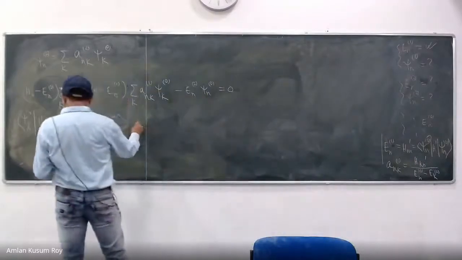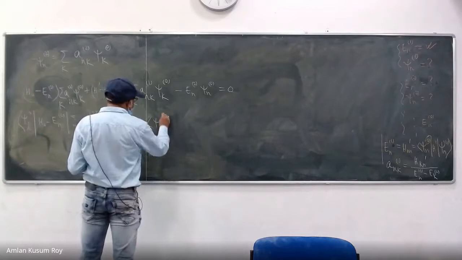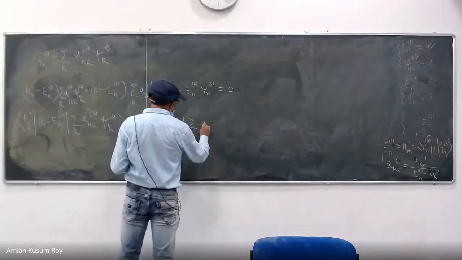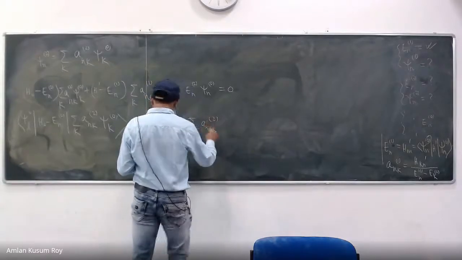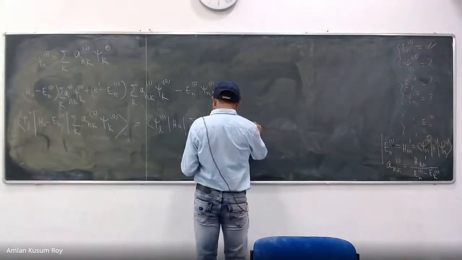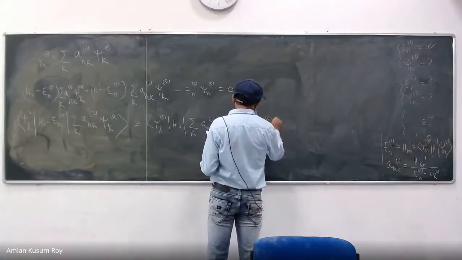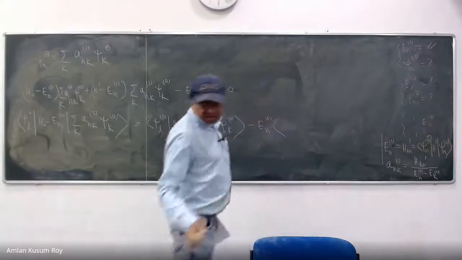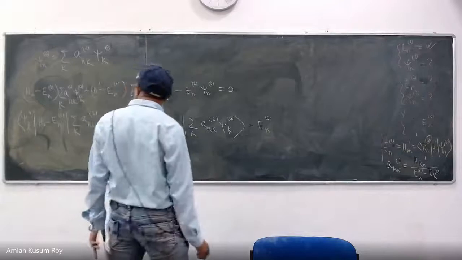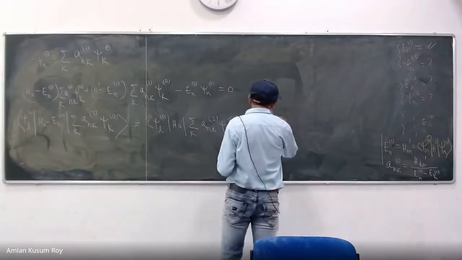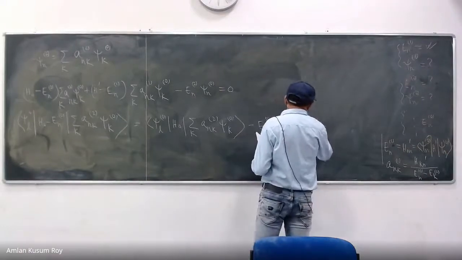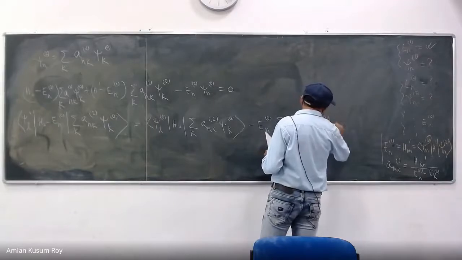So what happens to that? I can write psi_l^0 H0 sum over k A_nk^(2) psi_k^0 minus E_n^0. I can bring the summation to the front: E_n^0 summation k A_nk^(2) psi_l^0 psi_k^0.